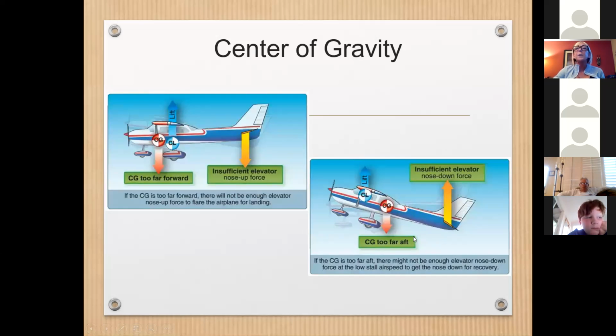This is where it becomes deadly for pilots in full-scale airplanes. If the CG is too far aft, or too far towards the back, there might not be enough elevator nose down force at the low stall airspeed to get the nose down for recovery. So we've exceeded the critical angle of attack here. Now we've lost lift in the wing, and we don't have enough elevator back here to get that nose down.